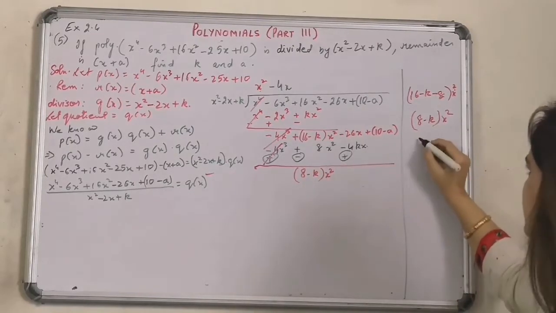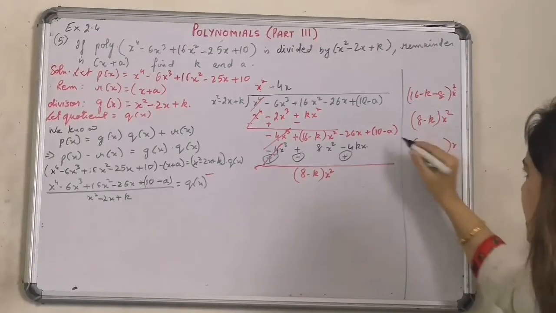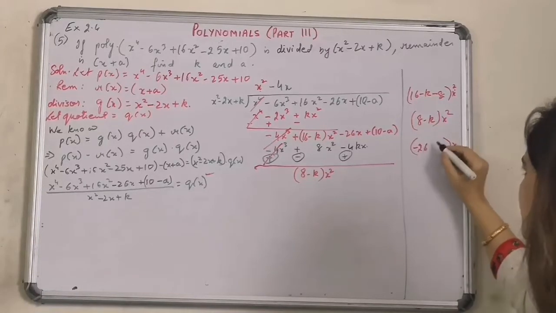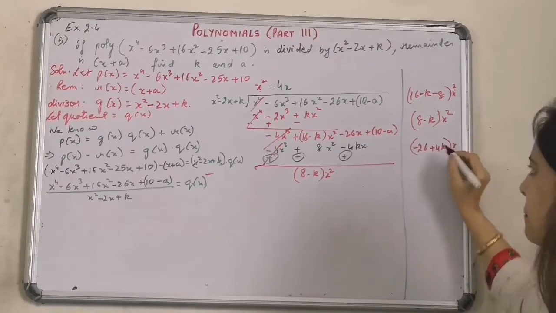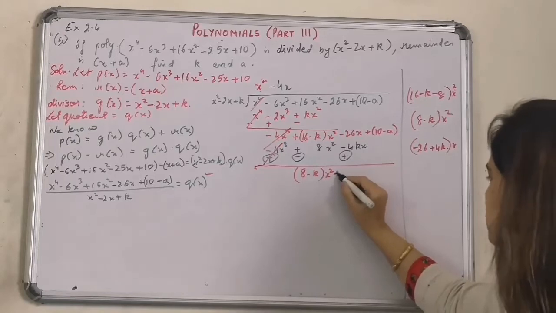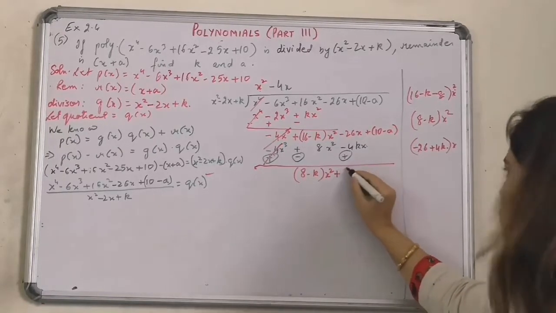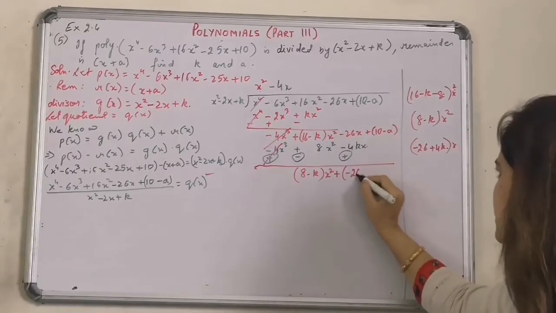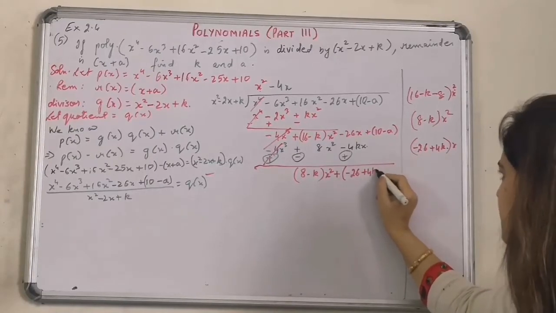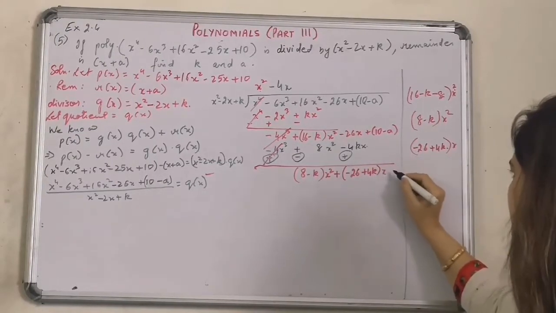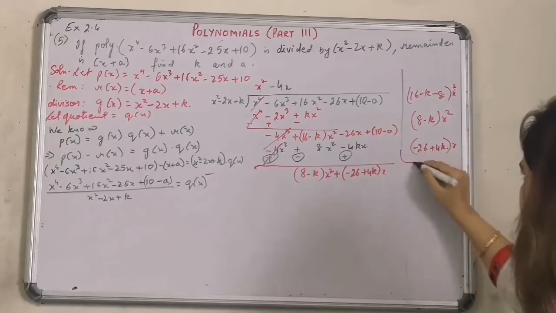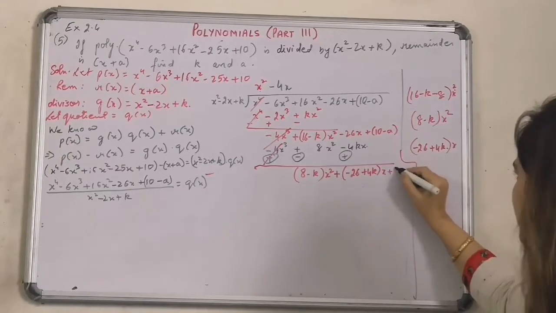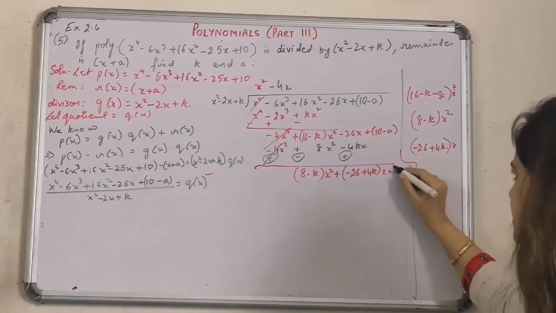Now what about this? If I take out x as common, this is minus 26 plus 4k. Mind you, keep just the plus sign outside. Whatever change has to be made, it should be inside the bracket. Minus 26 plus 4k into x plus 10 minus a, which is a constant.